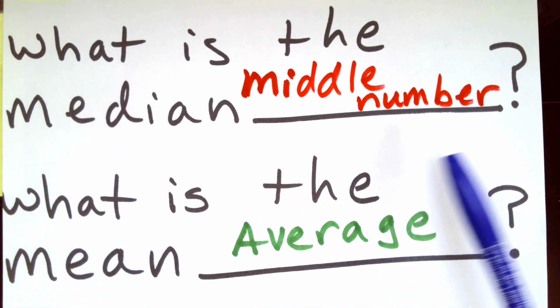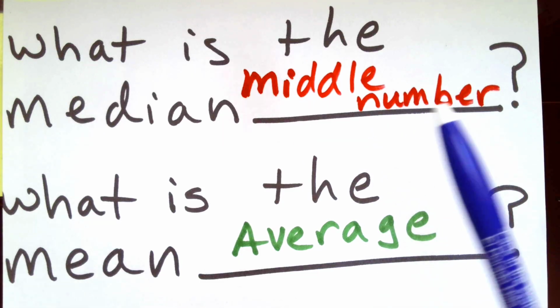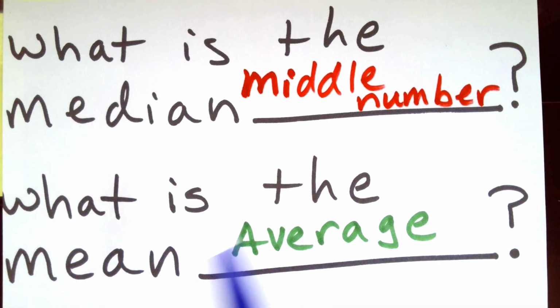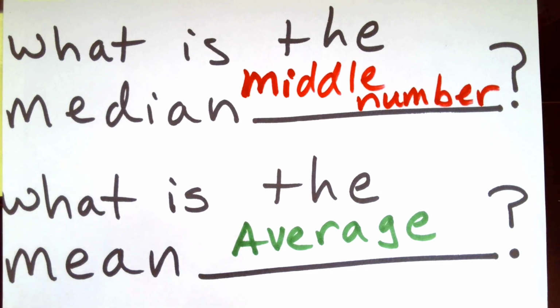Well, the median represents a middle number, and it gets a little complicated. We'll go over that in detail sometimes. And what is the mean? The mean is the average. Let's put these under the microscope and look at these step by step.